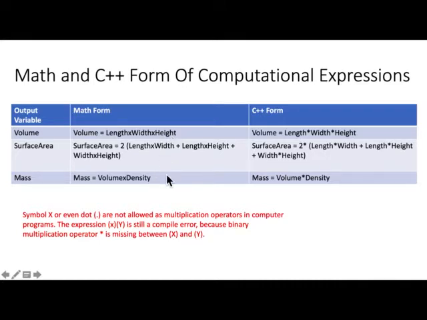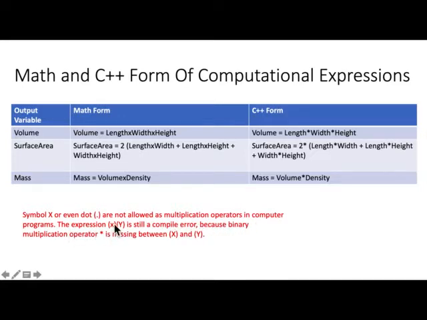Before we do this translation, at least in this case, we should focus on this issue. This issue is again revisited in the next slide. Symbol X or even dot are not allowed as multiplication operators in computer programs.